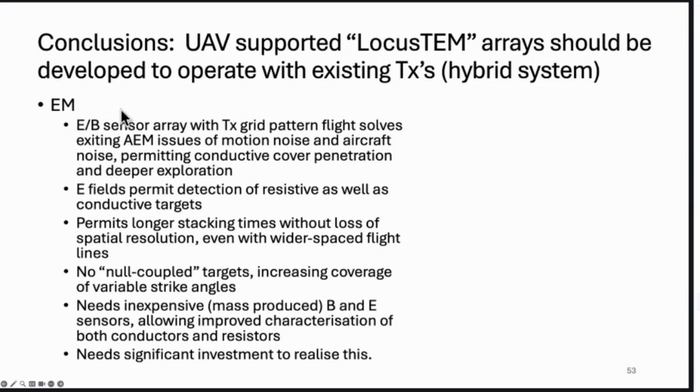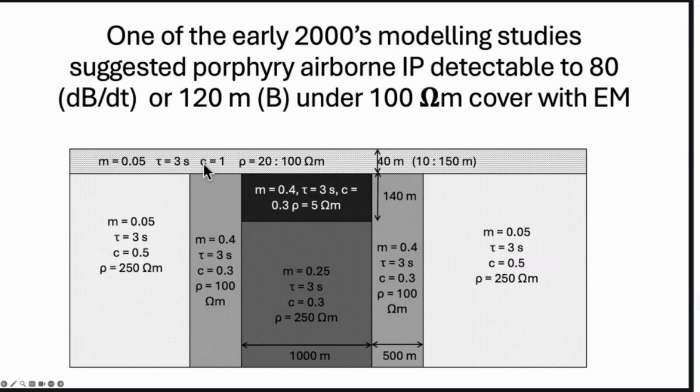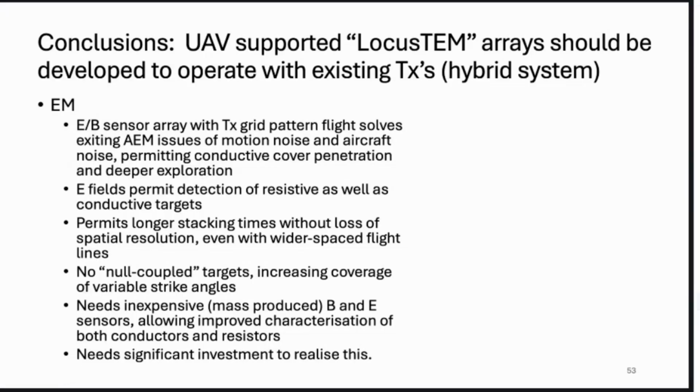The advantage of a ground sensor is we can plug in electrodes or use non-contacting electrodes as well. So that completely solves the airborne EM issues of motion noise, aircraft noise. You can have a B field sensor because it's not swinging around. And so you get better conductive cover penetration and deeper exploration.